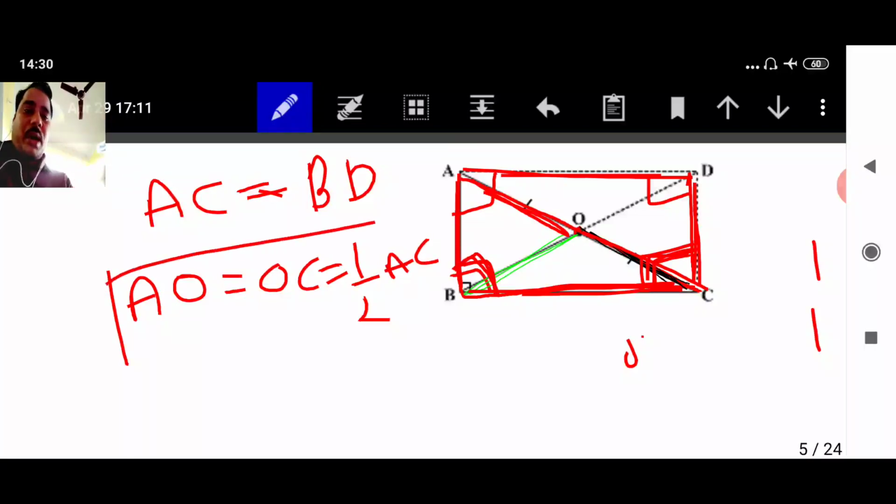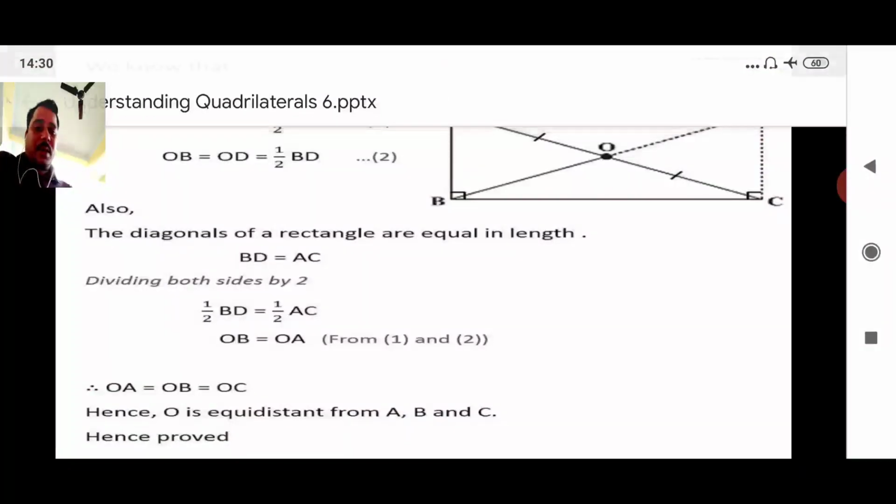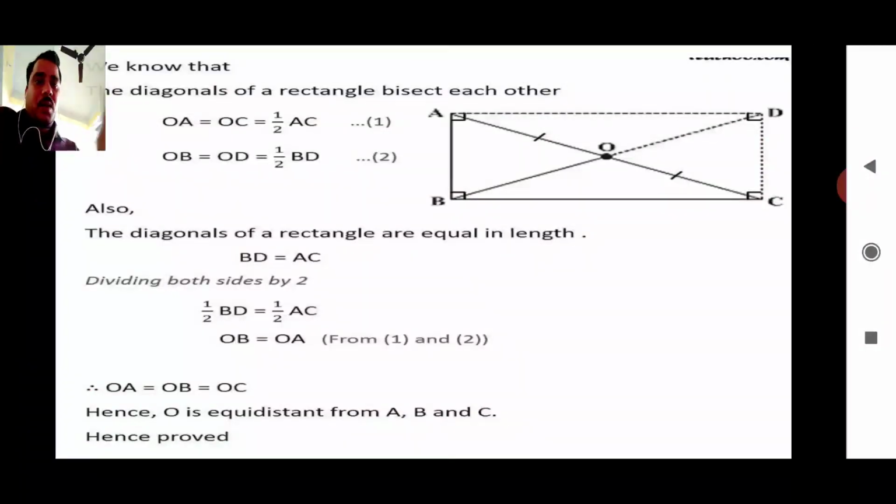Why? Because O is the midpoint of AC. O equals OC equals half AC. Similarly, OB equals OD equals half BD. Because the diagonals of a rectangle are equal, we divide by 2.